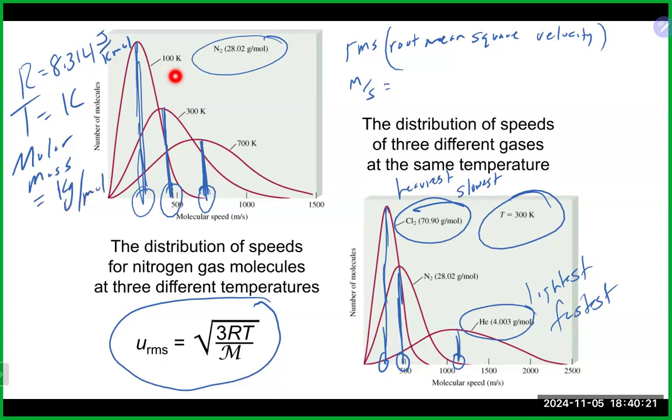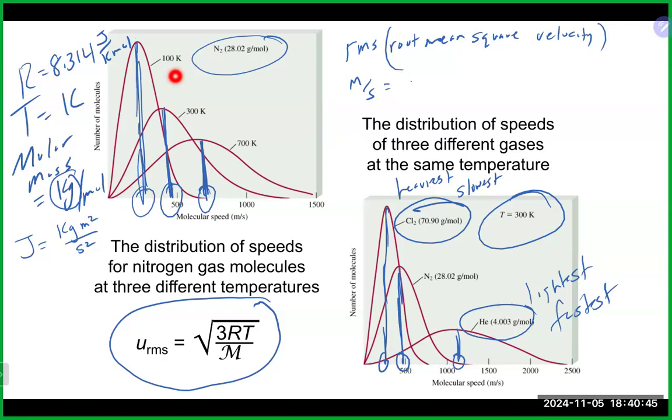Now, we had a similar equation at the very beginning of the semester where we used that R value. And perhaps you will remember that a joule is equal to a kilogram meter squared per second squared. Because of that relationship, molar mass needs to be in kilograms per mole, not grams per mole, so everything will cancel out correctly.